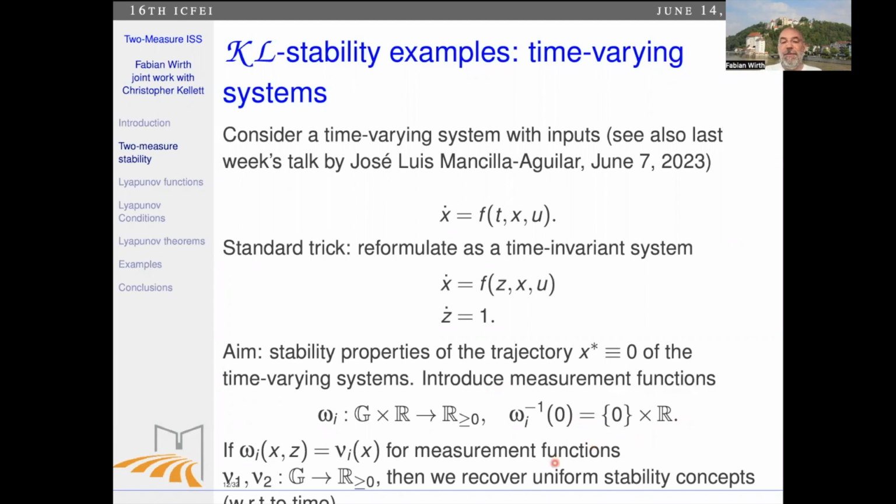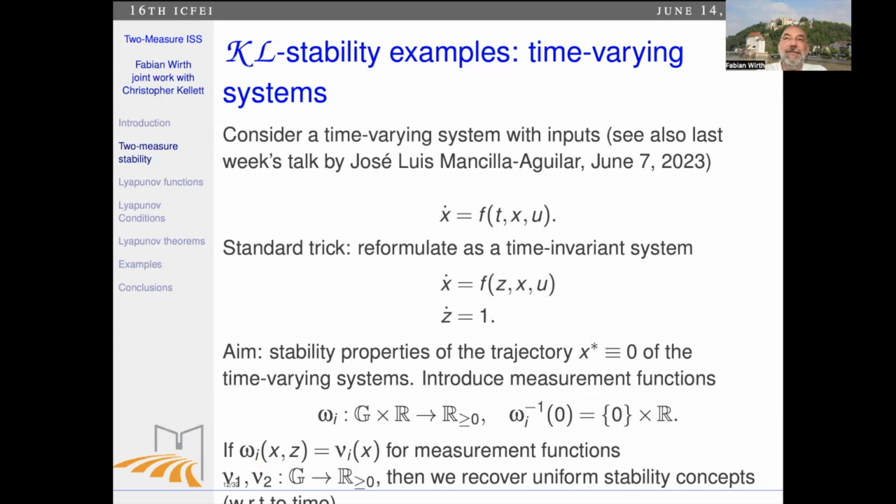If you were now to assume that the measurement functions omega I are just a function of x, so z does not enter into the evaluation of omega I, so omega I is just nu I of x for a measurement function which is just defined on G, then you would talk about uniform stability concepts, uniform with respect to time for the time-varying system.